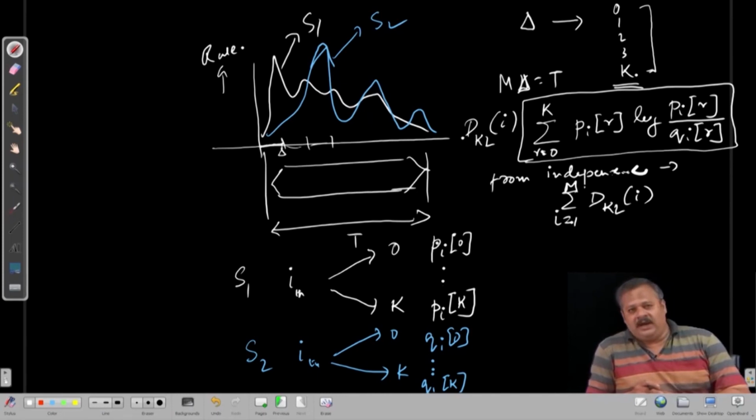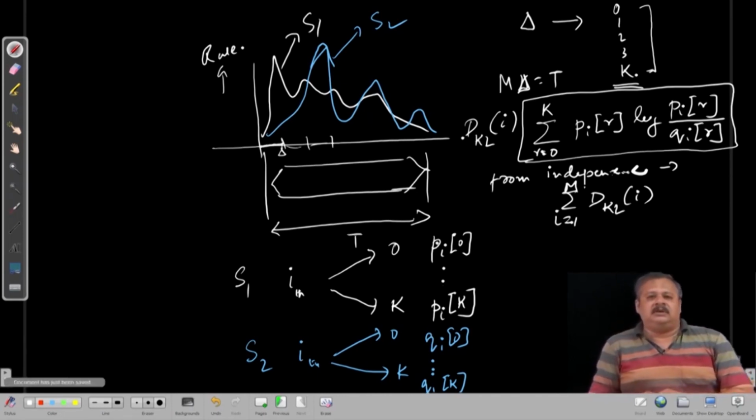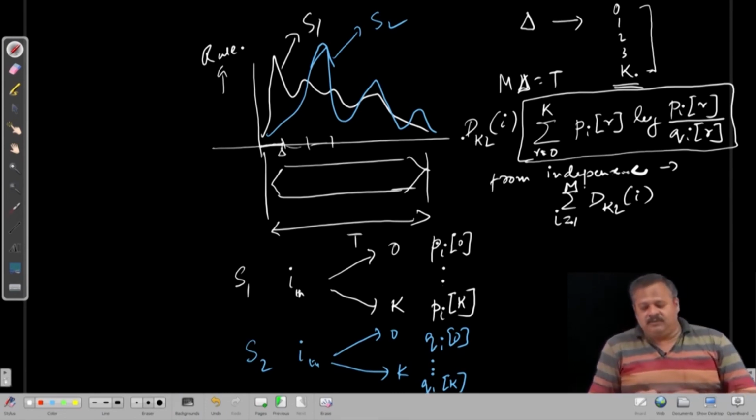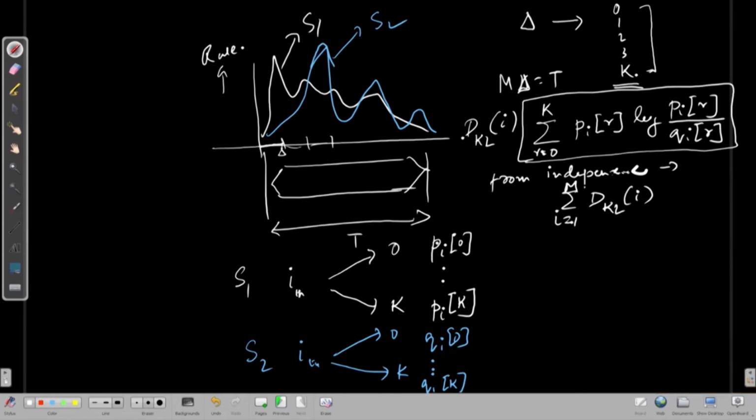It only provides an upper bound of the measure of discrimination of two stimuli, or of a set of stimuli if we have a set of stimuli. So, with this we conclude our discussion on the all-information based discrimination, the ideal observer analysis, where we are not making any assumptions about the underlying distributions or what have you.